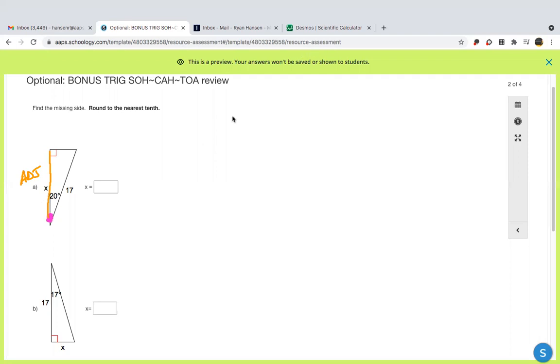And this 17 is the big boy. It's the biggest side. It's across from the 90. The big incline across from the 90 is always the hypotenuse. So friends, if you look at your little jingle, SOH CAH TOA, only one of these uses adjacent and hypotenuse, AH.